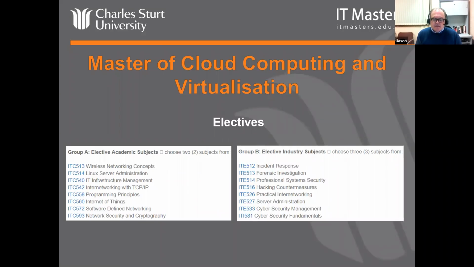And on the right, you've got your industry elective subjects. They're more industry focused. Often there's an industry certification sitting behind them, which they help you prepare for, and you choose 3 of those. So it can be tailored a little bit, but is highly relevant to people working or seeking to move into the professional industry that the course is named after.